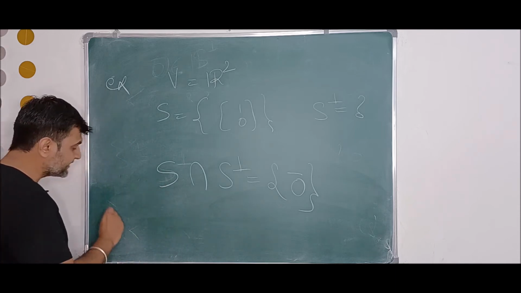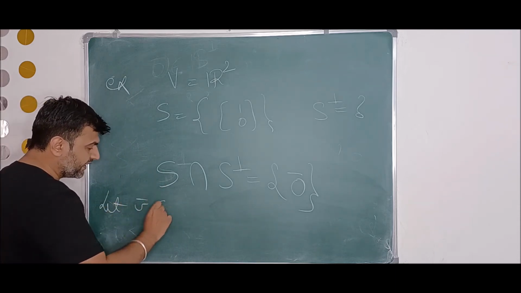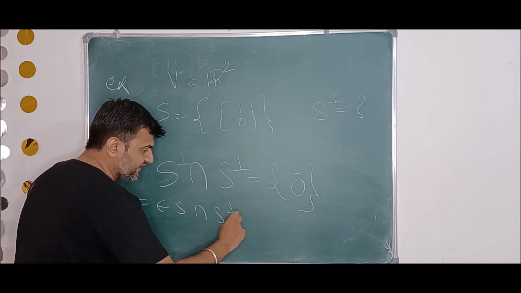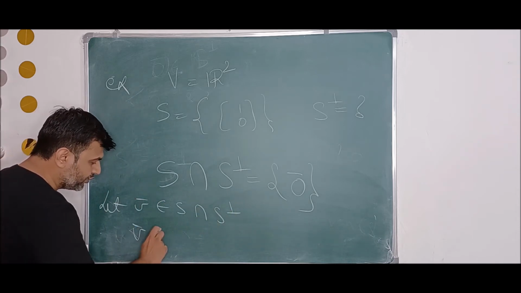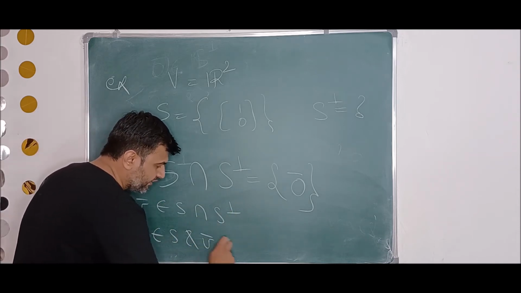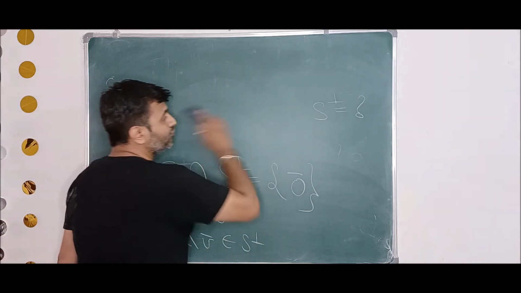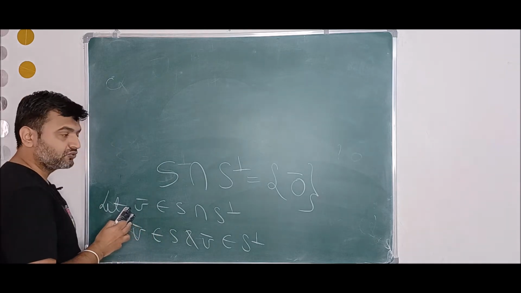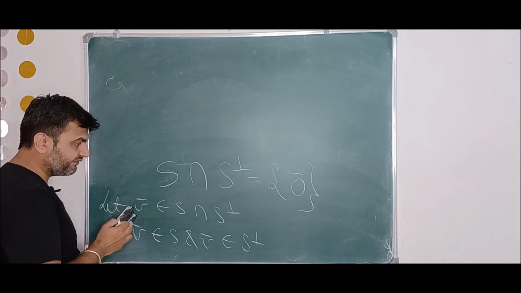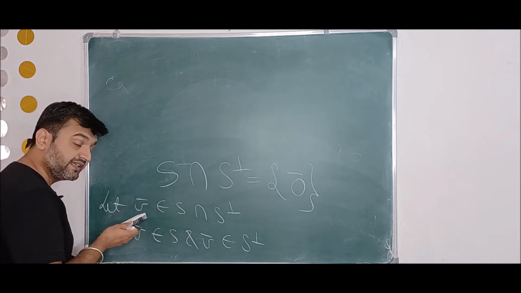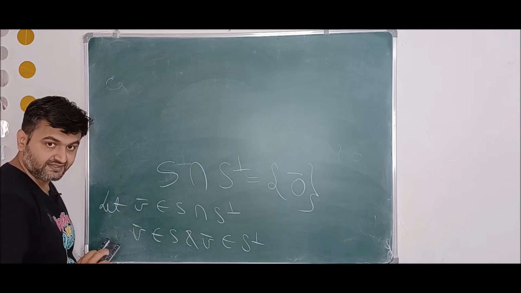Why so? Let's try to prove it. Let your V bar belong to S intersection S perp. That means your V bar is in S and your V bar is in S perp. Now what I want to show is that V bar has to be 0. That means if you take any vector in the intersection, it has to be 0. It has no other choice.